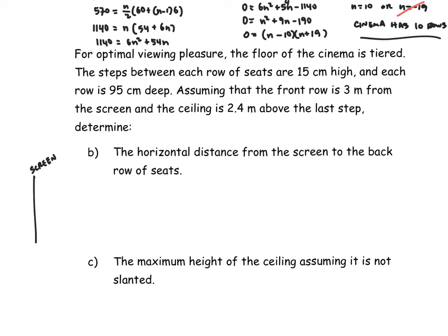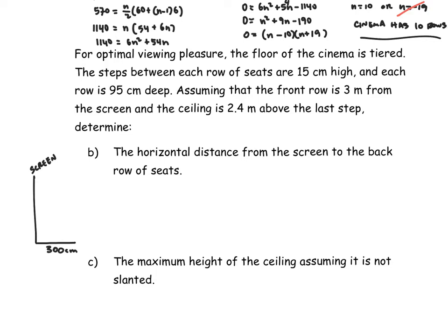Each row is 95 centimeters deep, assuming that the front row is 3 meters from the screen and the ceiling is 2.4 meters above the last step. Determine the following. So the first row is going to be 300 centimeters, which is 3 meters from the screen. So then we go up.